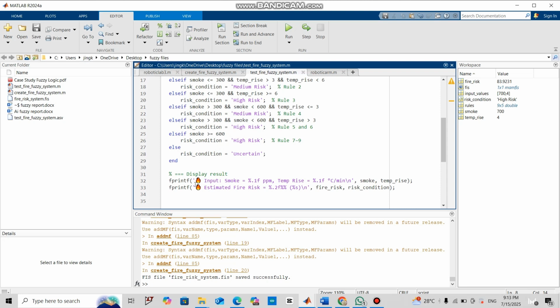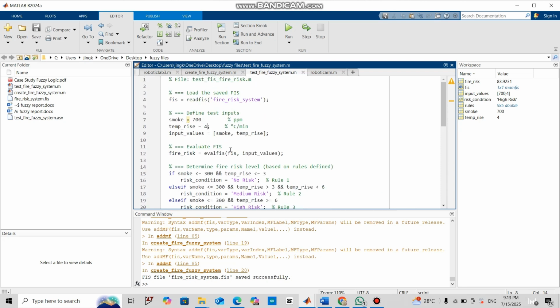Here are the results that will be displayed. For example, right now I set smoke as 200, which is considered low in the smoke properties, and the temperature rise is 2, which is considered low in the temperature rise rate.